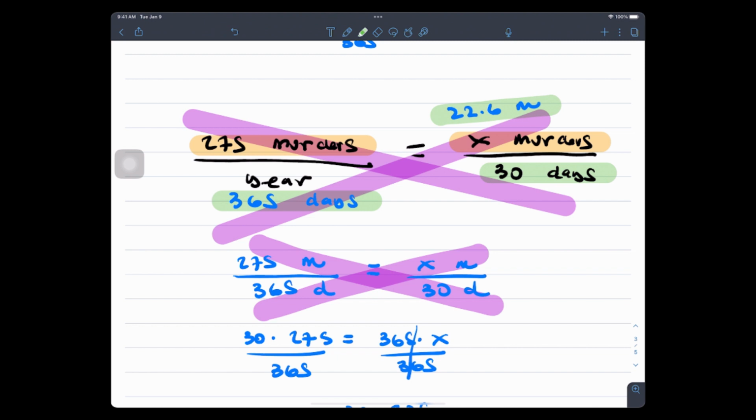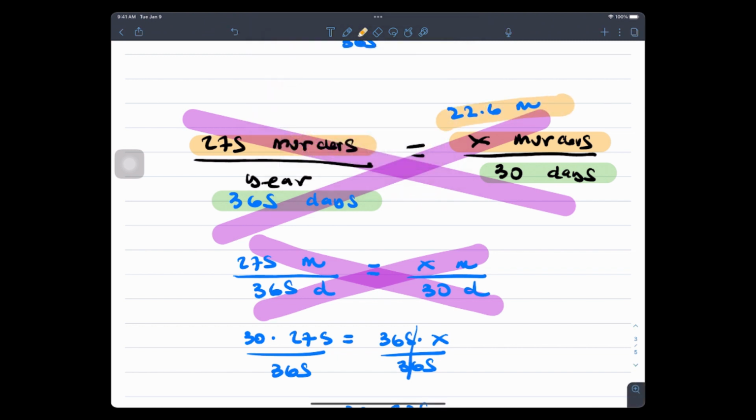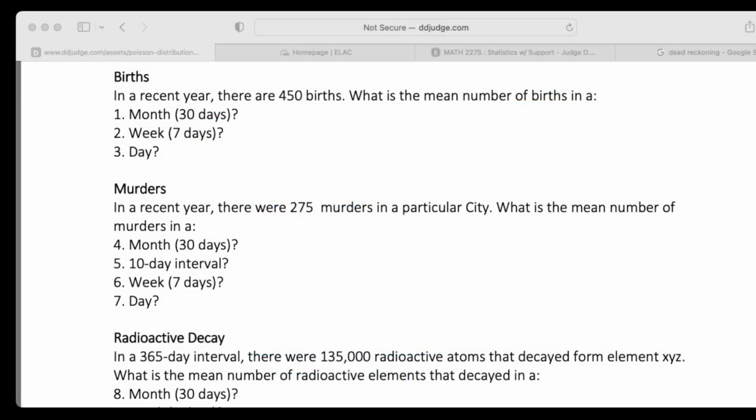And we want to keep that yellow or orange. That's how you do this. That's really how you find the rate in a different interval. You take the original rate that was gathered by the data, and now you can use any interval you want. For example, the next question, number 5, asks what if it's a 10-day interval.